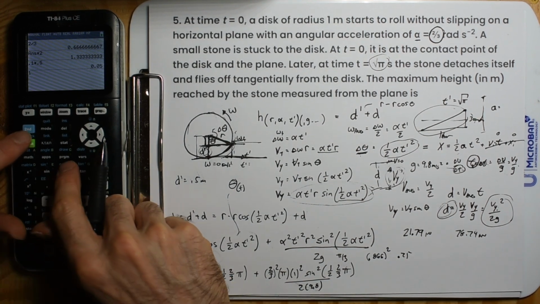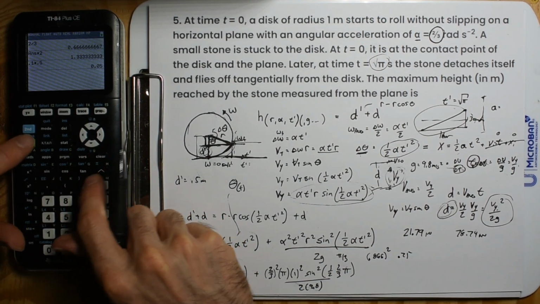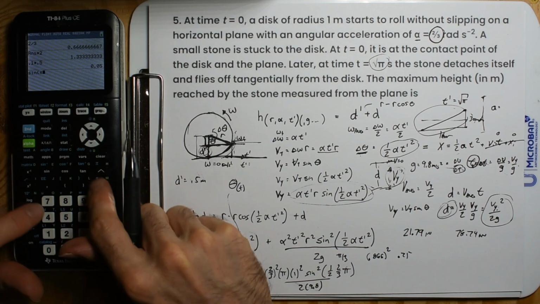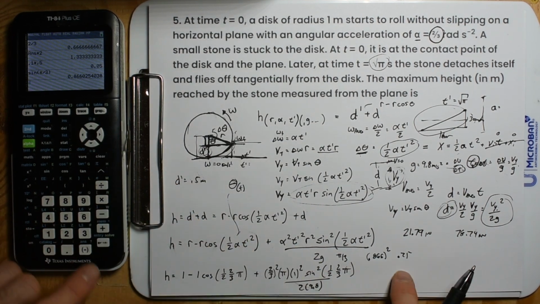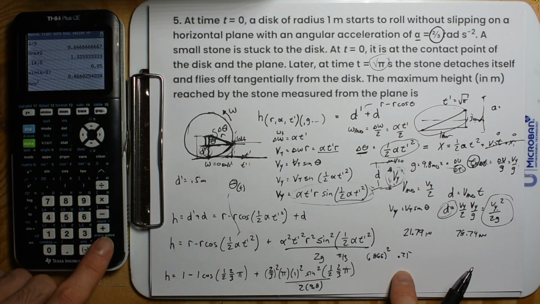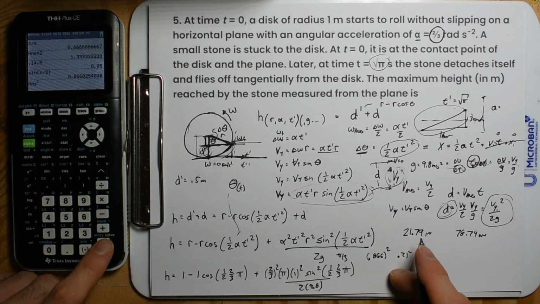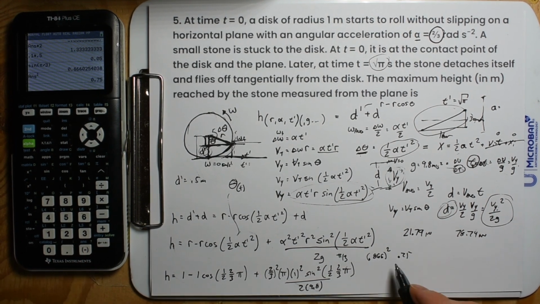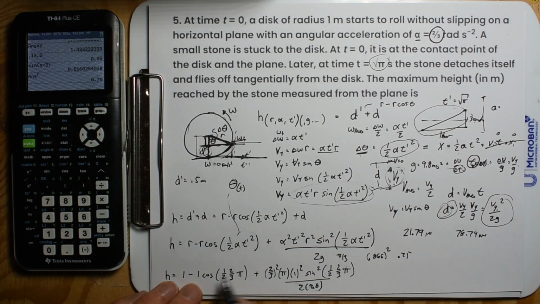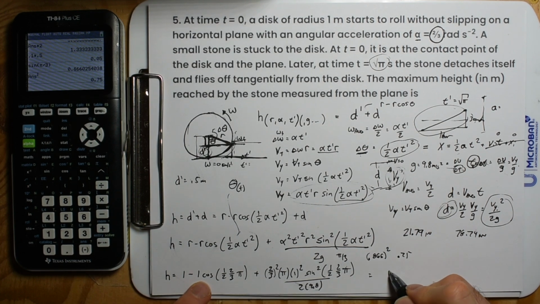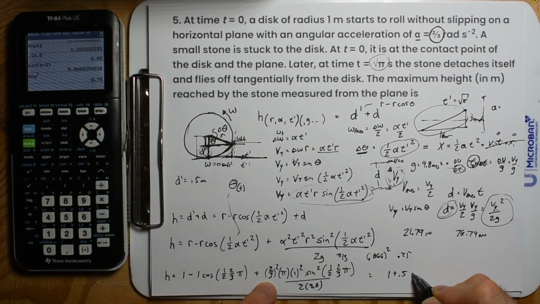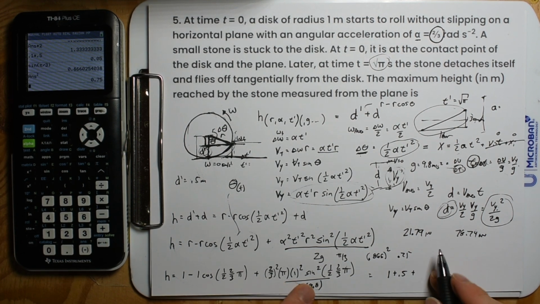You know what I mean? Sine of pi divided by 3, that's a good one to know. If you square this 0.866, which you should memorize is sine of 60, you get 0.75. So cool. So this really simplifies to 1 plus 0.5 plus, well, at least this goes to 0.75.